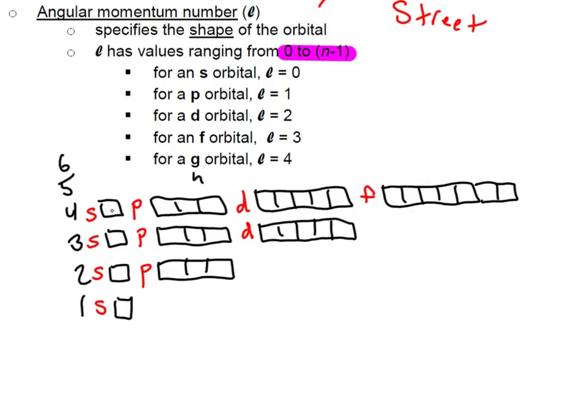Sometimes you'll be asked to calculate how many possible L values you can have for a certain n. And that's where this equation that I've highlighted in pink comes into play.